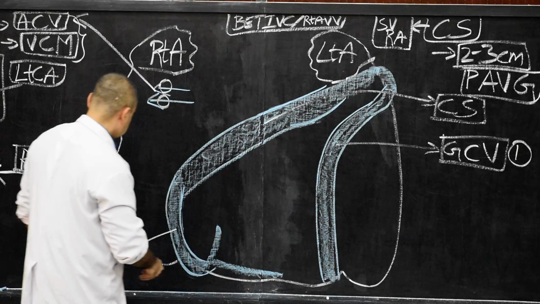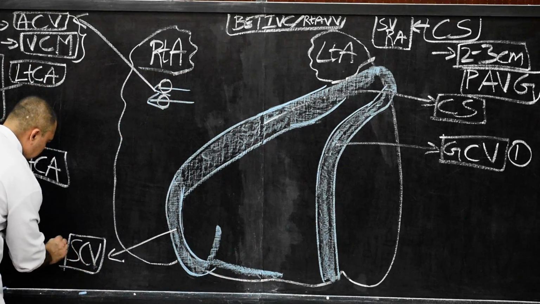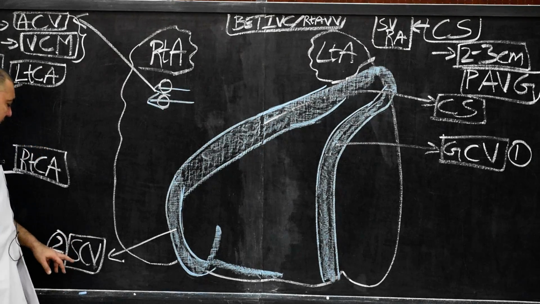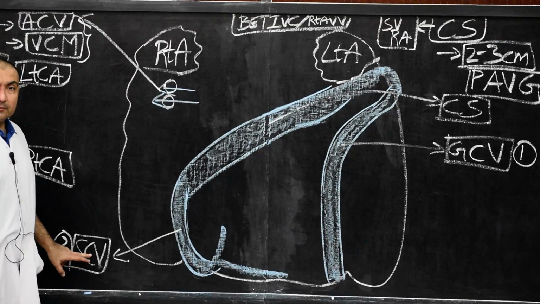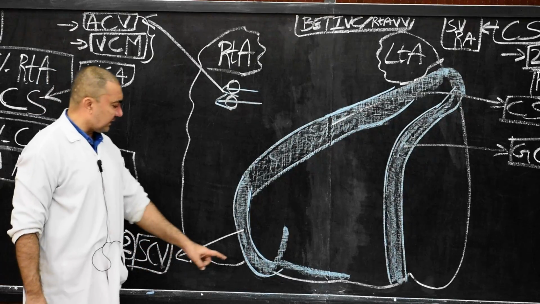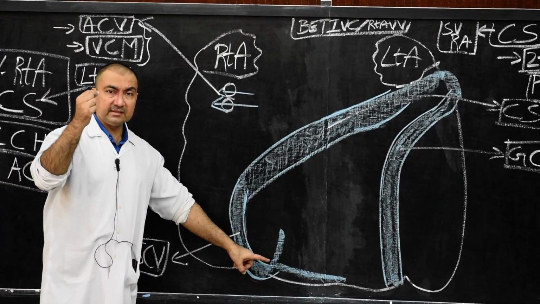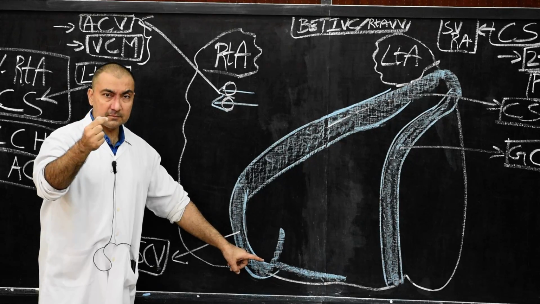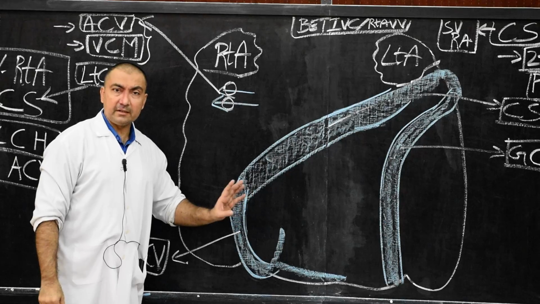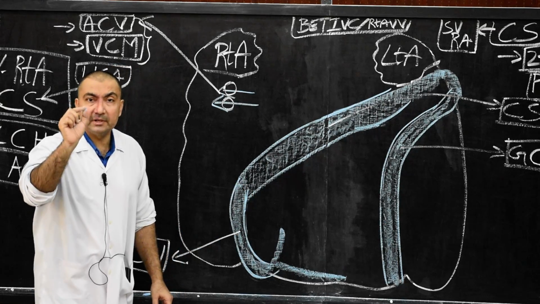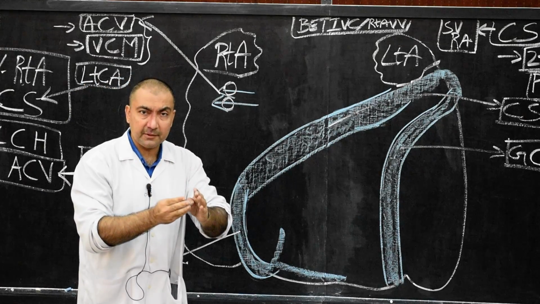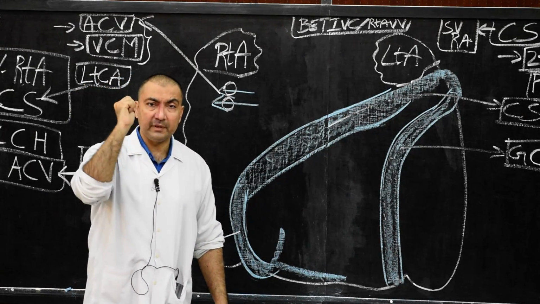Second tributary, I will give the number here. This is the second tributary. Small cardiac vein. Very interesting. See how interesting these topics are. The small cardiac vein will start from the right side atrioventricular groove, where the right coronary artery is there. So where the right coronary artery was going through the right atrioventricular groove, from there the small cardiac vein will start.